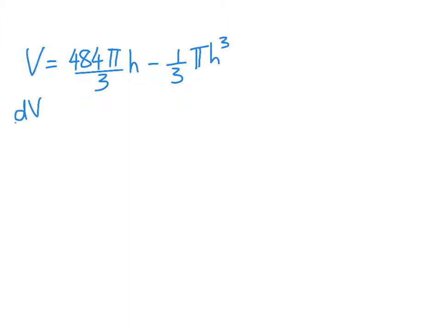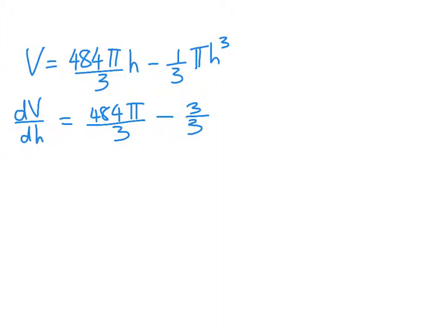So V equals this. And dV by dh is equal to 484 pi on 3. Don't do anything with the pi's.